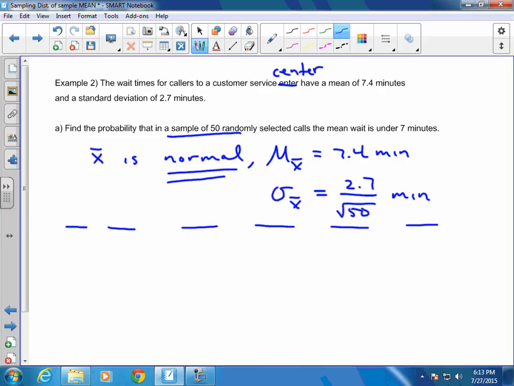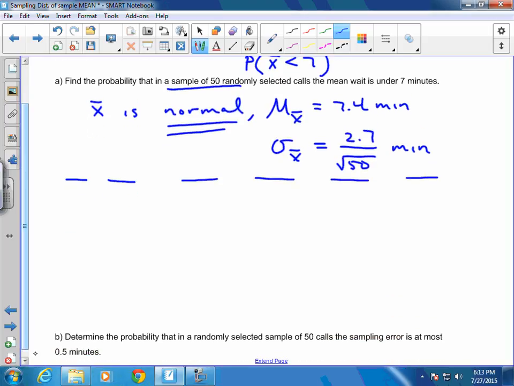So I've got a problem again. It's asking me, find the probability that your sample mean here is under 7. So the normal approach, we sketch our curve, label our mean, label the data value of interest.